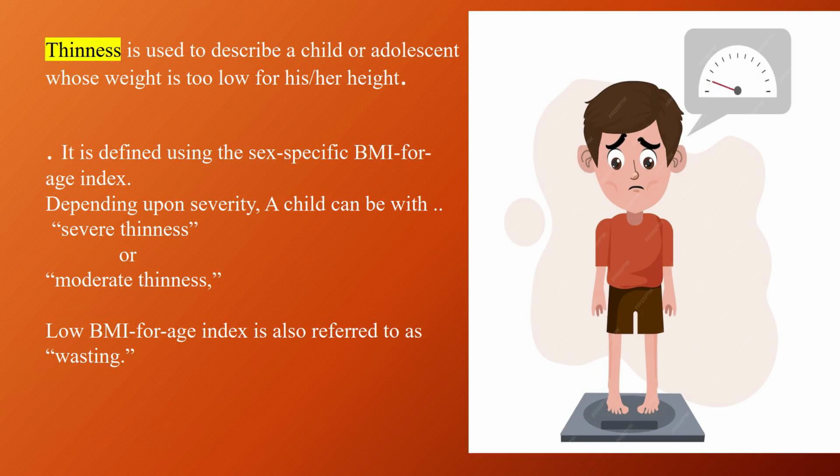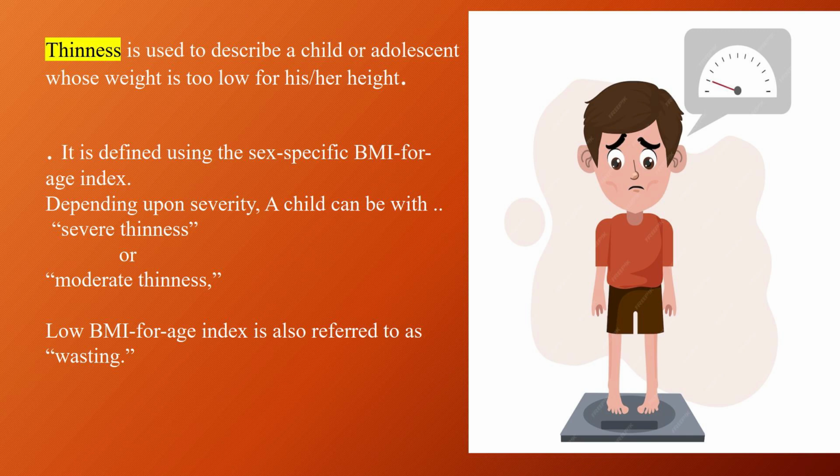That picture shows that the child is being weighed. Thinness is the category described for a child or adolescent when she or he is not gaining weight as per height, or has too low a weight for his or her height.